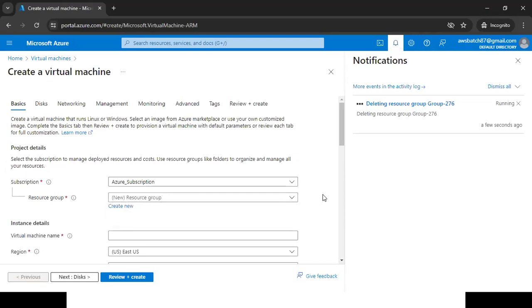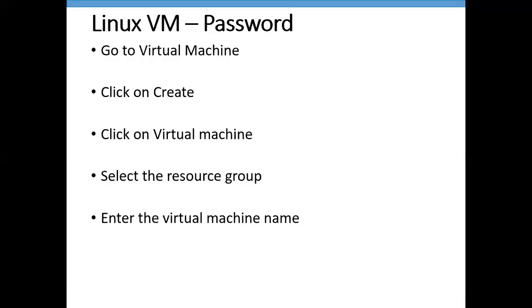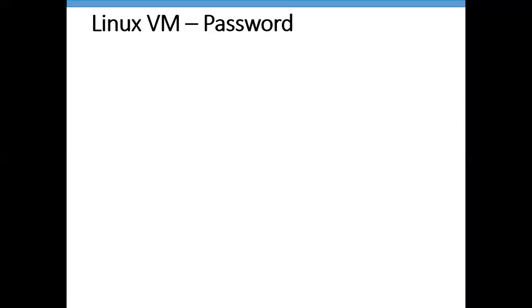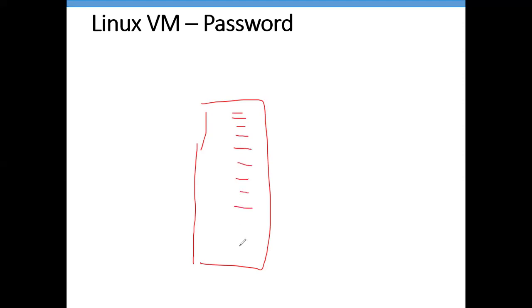But before creation, we need to know what a resource group is. If I talk in simple language, a resource group is like a folder to us, or you can say a container, where I can store all my Azure resources.